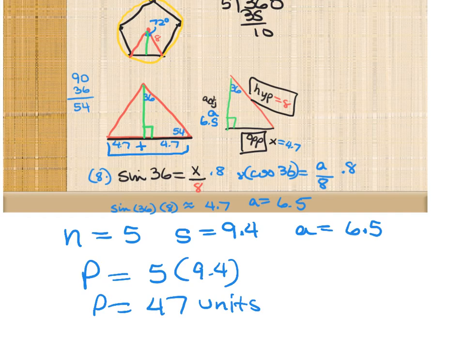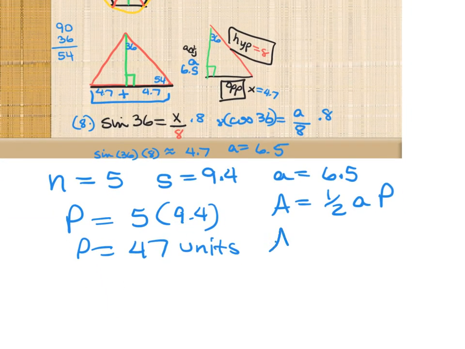Now I'm going to find the area, and the formula I'm using is 1/2 apothem times perimeter. So 1/2, the apothem is 6.5, and the perimeter is 47. So I'll multiply that. 47 times 6.5, and then times 1/2 or divide by 2.